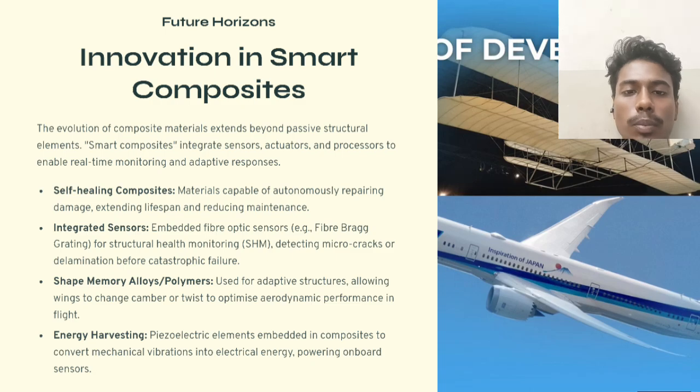Slide 8, future smart composites. Looking ahead, composites are evolving into smart materials. Some key innovations include self-healing composites, which repair micro cracks and extend life, integrated fiber optics for real-time structural health monitoring, shape memory materials which allow the structure to adapt, like a wing that can change camber in flight, and energy harvesting components which convert vibration into electrical energy.